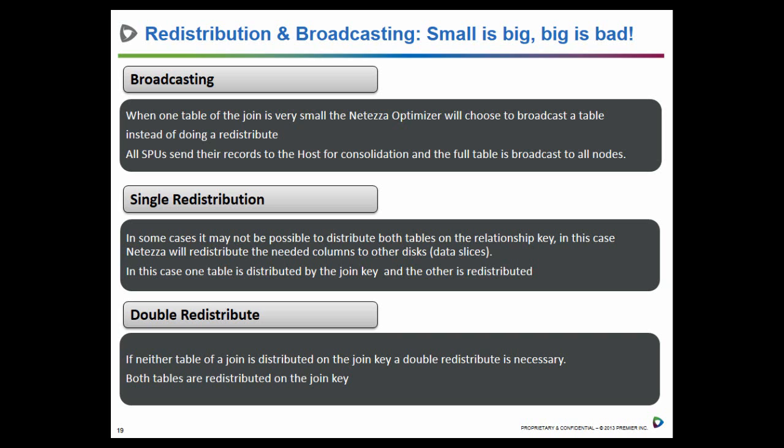Redistribution, on the other hand, occurs when it is not possible to distribute both tables on the relationship keys. In this case, Netezza will redistribute the needed columns to other disks. A classic case of redistribution for us happens when we have a medication or drug dimension, and we have, what is the other one? The specimen dimension, right? Specimen dimension in Premier has probably something around 7,000 or 8,000 values.